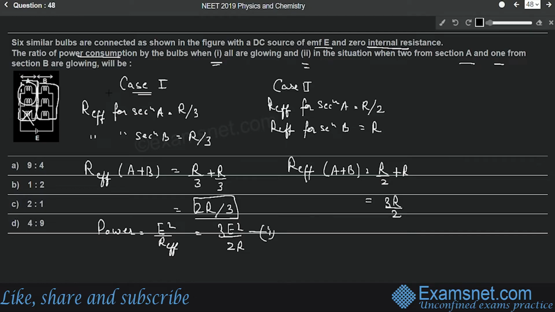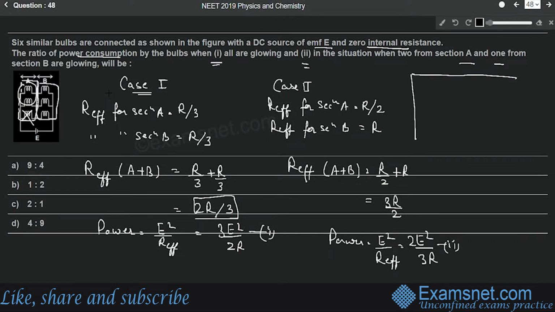So now power will be equal to E square by R effective again. Let's put this value here: E square by 3R, and 2 will go up. So it will be 2E square by 3R. This is number 2. Now we have to find out the ratio.